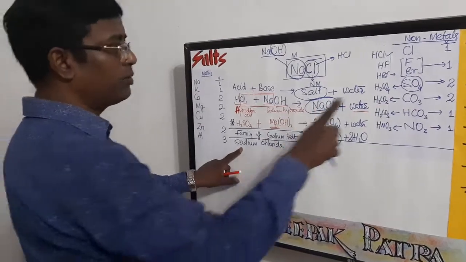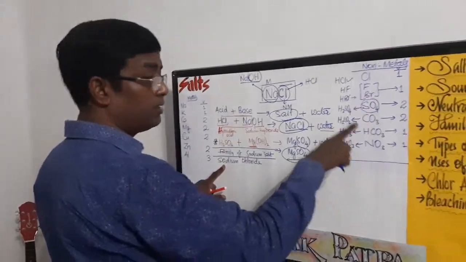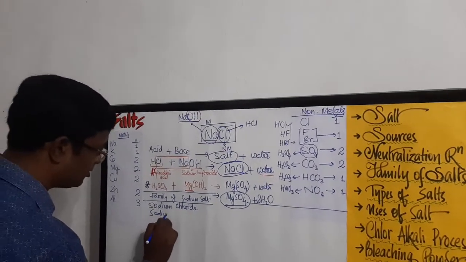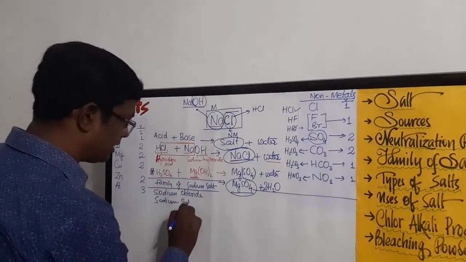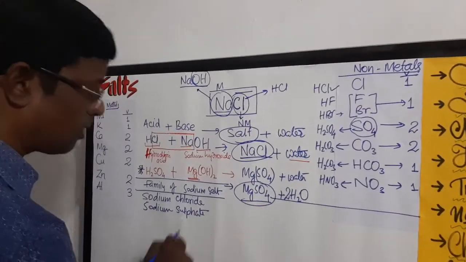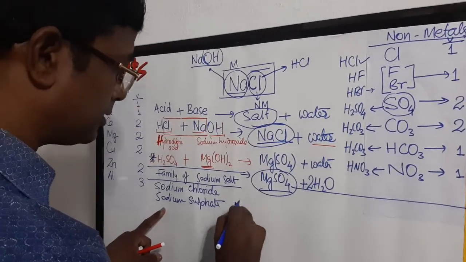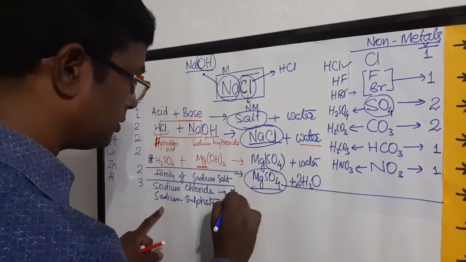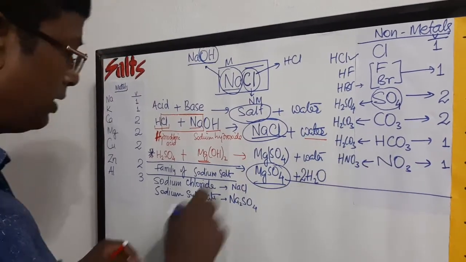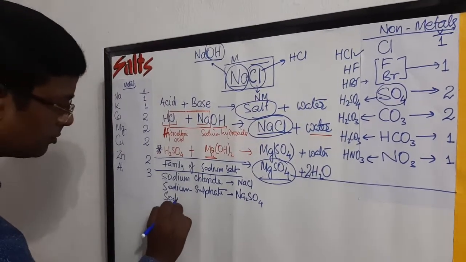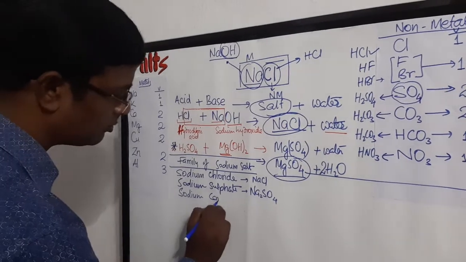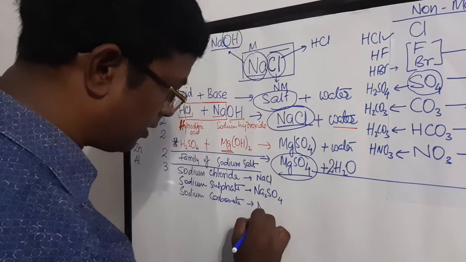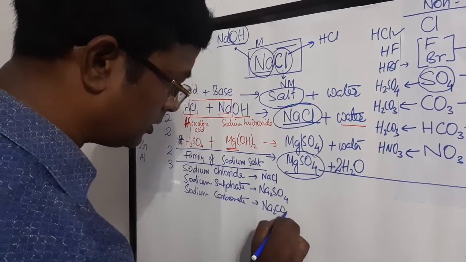Like sodium chloride, you can make sodium bromide, you can make sodium sulfate. Next is sulfate, just write sulfate. The formula of sodium sulfate is Na2SO4. Next we can make sodium carbonate. Sodium carbonate is Na2CO3.